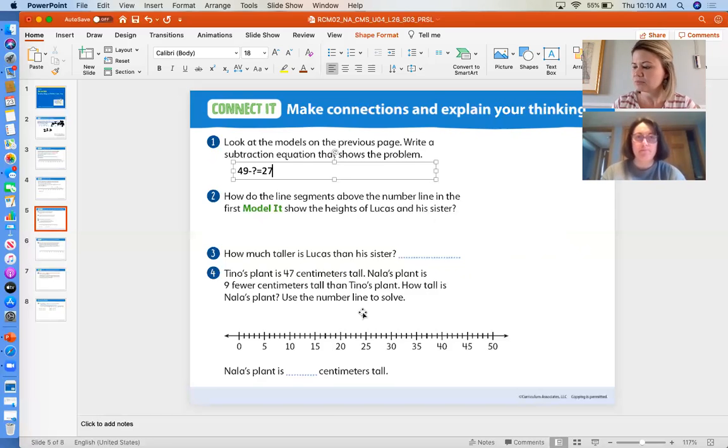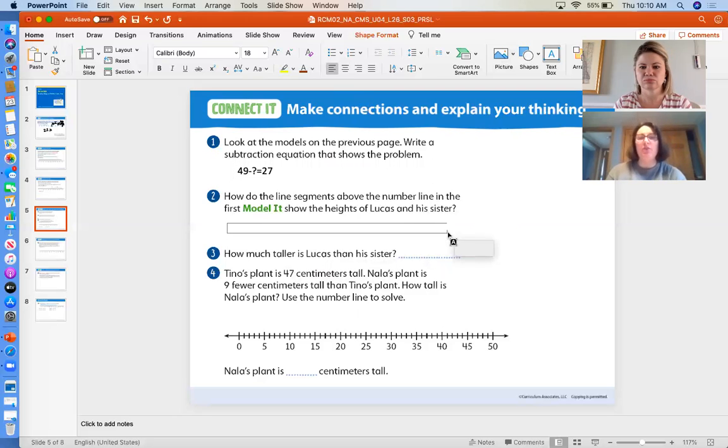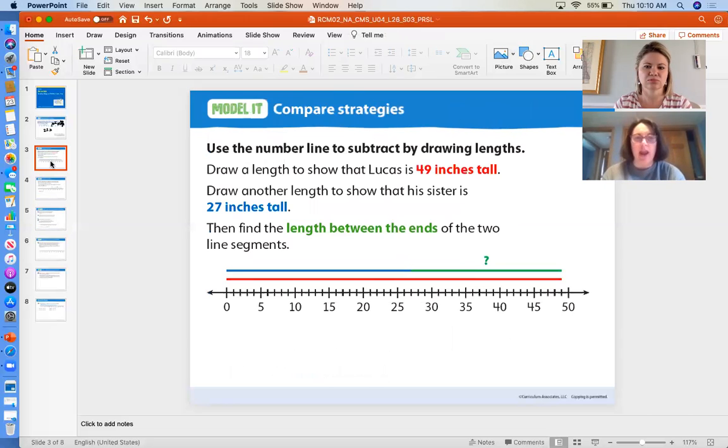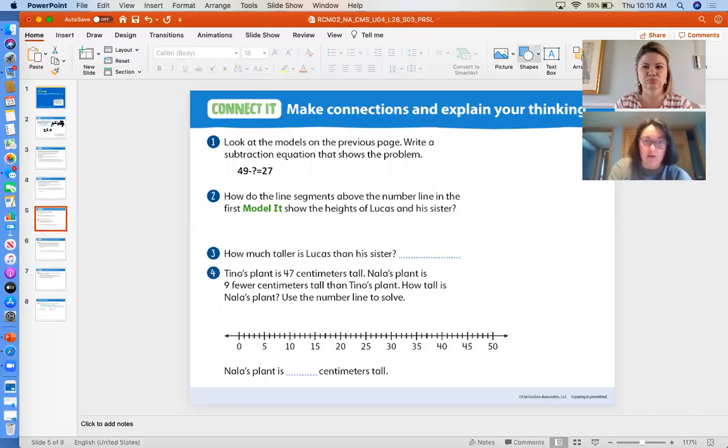Right. Okay. So now, how do the line segments above the line in the first model show the heights of Lucas and his sister? So remember we looked at the different colors, right? The red one was Lucas's. So we went from 0, always starting at 0, to 49.